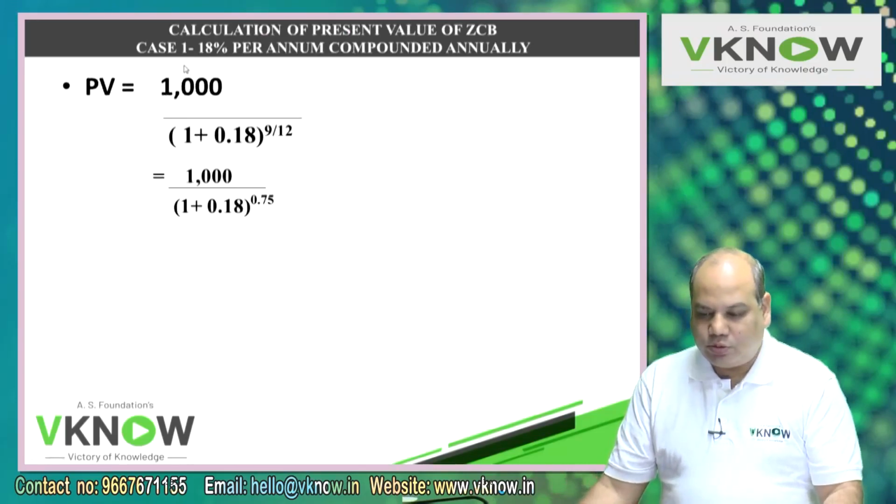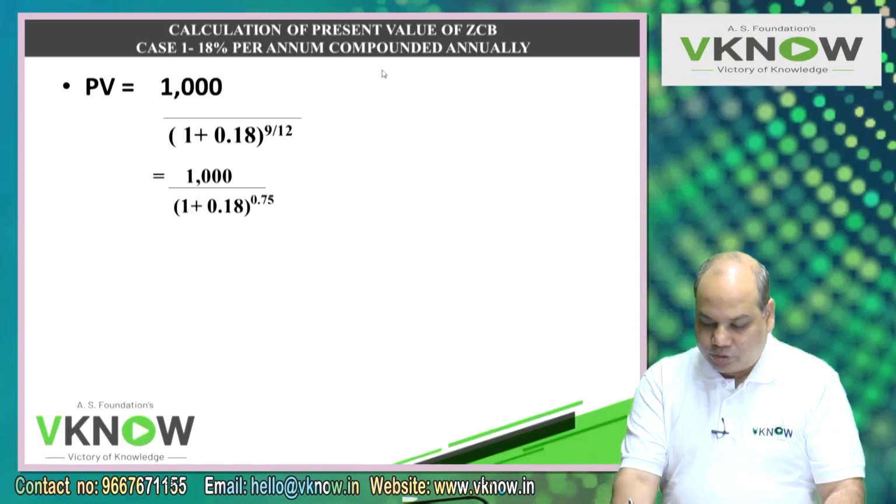Write down in your notebook case 1, 18% per annum compounded annually.